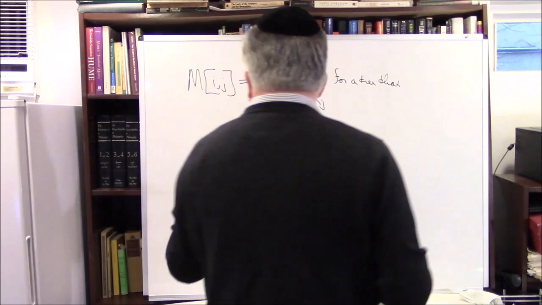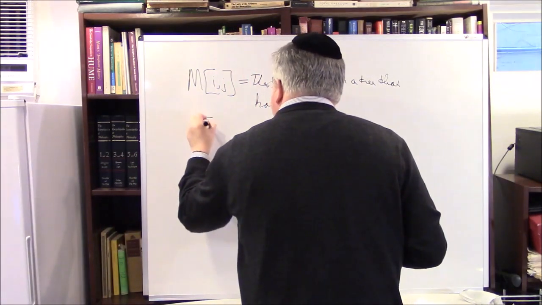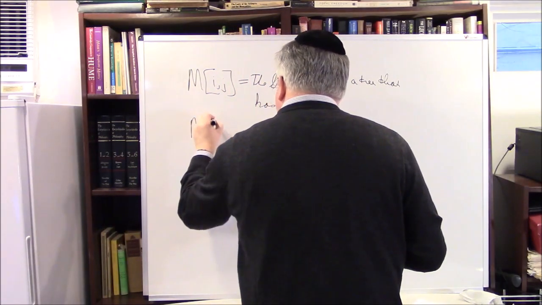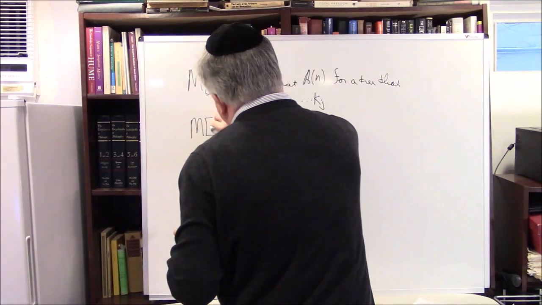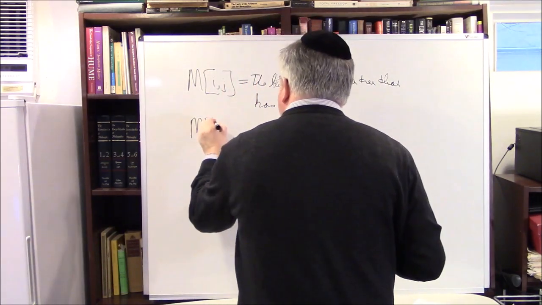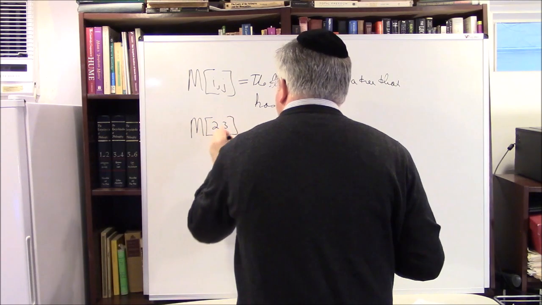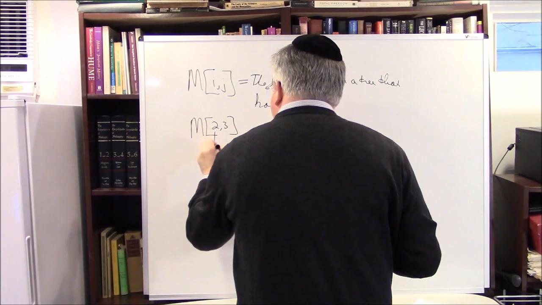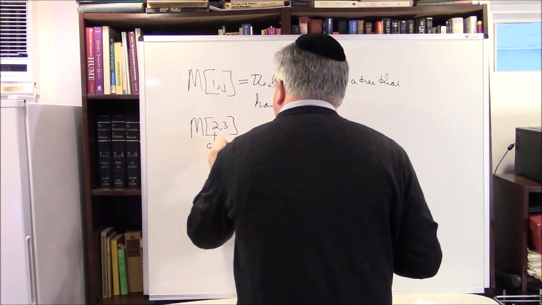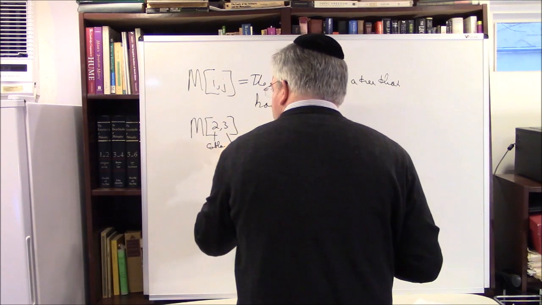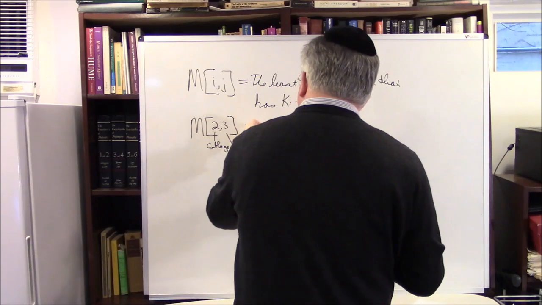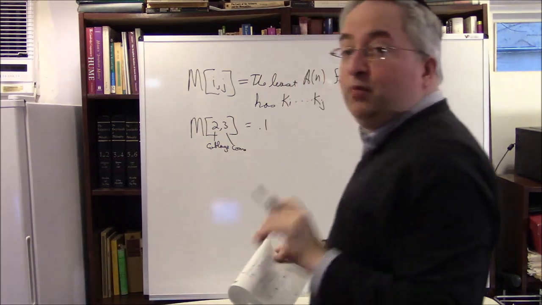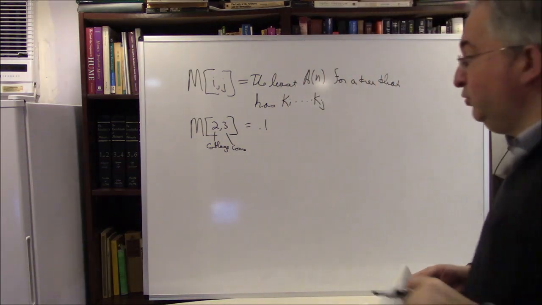Okay, we already saw that M1,2, let's just remember, 2 is the cabbage word, 3 is the com word. This is equal to 0.1 because we needed 0.1 operations to do those two words.